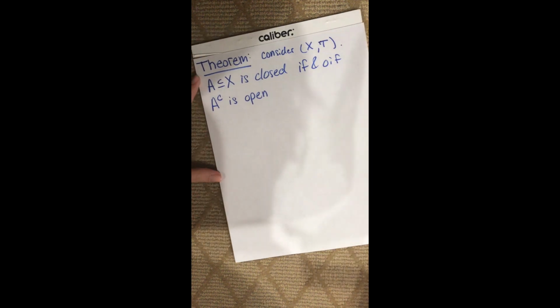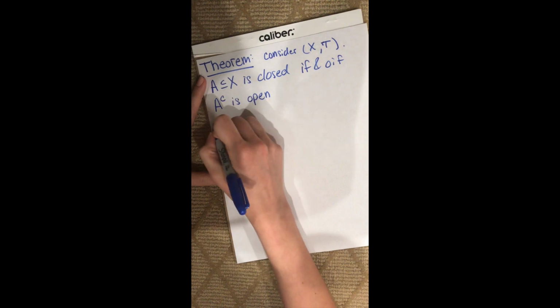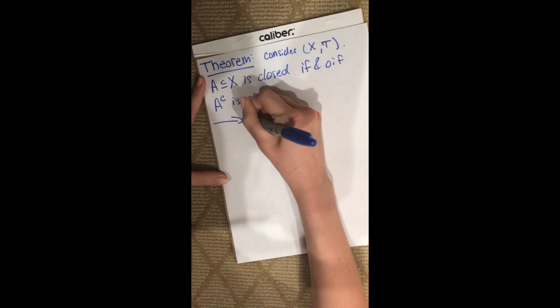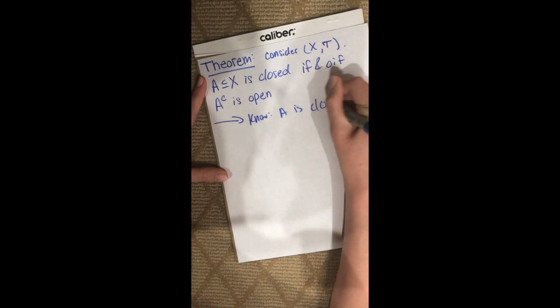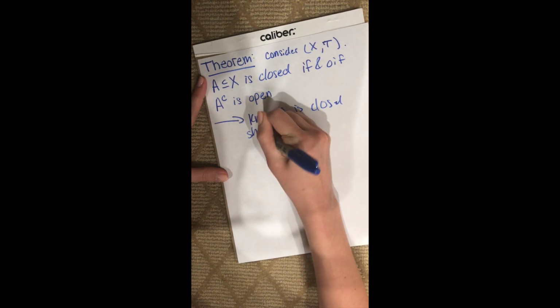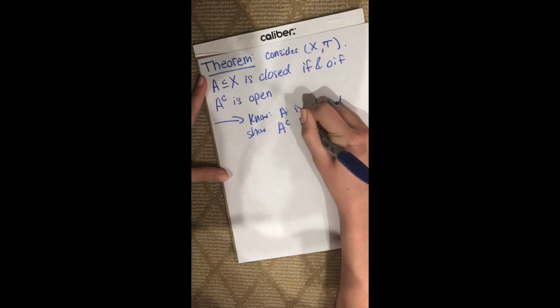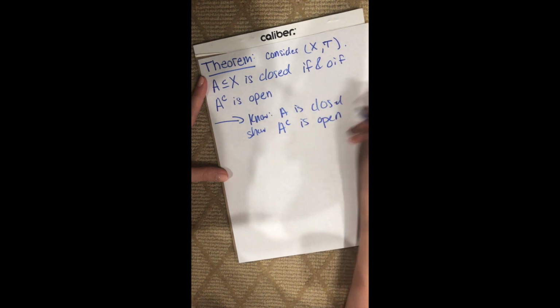So we've got to do the first direction. We know that A is closed, and we need to show its complement is open.